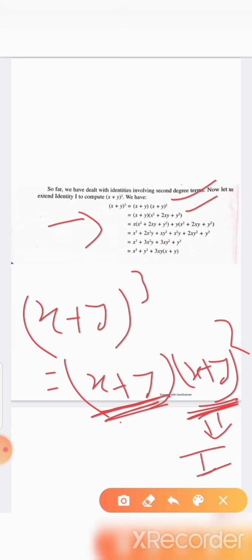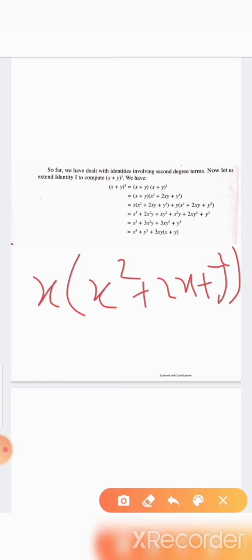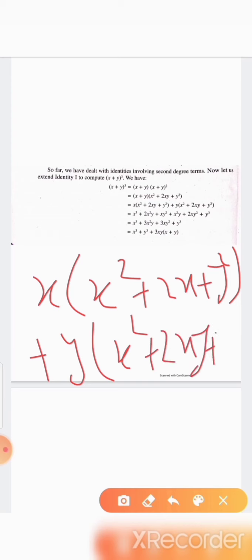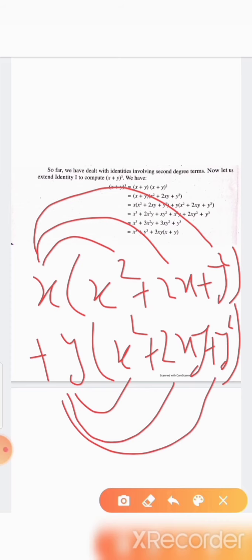Splitting x plus y whole square by identity number 1, we write x plus y bracket multiplied by the bracket x square plus 2xy plus y square. Now by bracket multiplication, first we multiply x by x square plus 2xy plus y square, and then plus y multiplied by x square plus 2xy plus y square. Multiply x by the first term, then second, then third term. Again y by the first term, second term, and then third term.